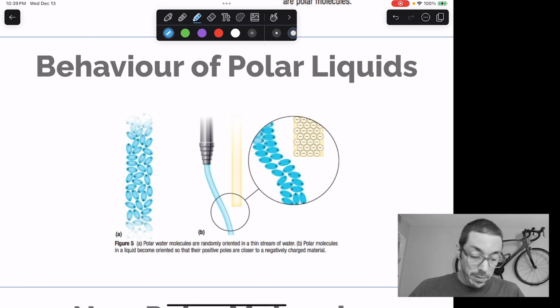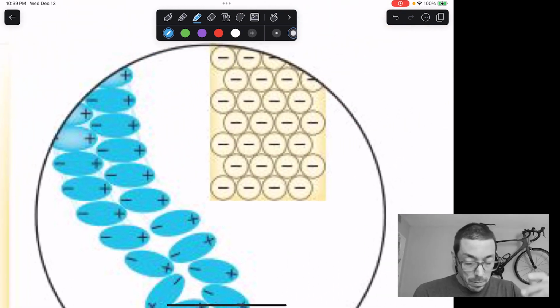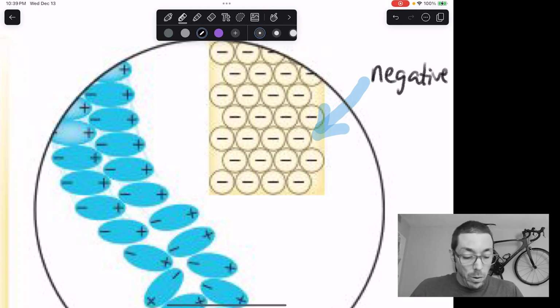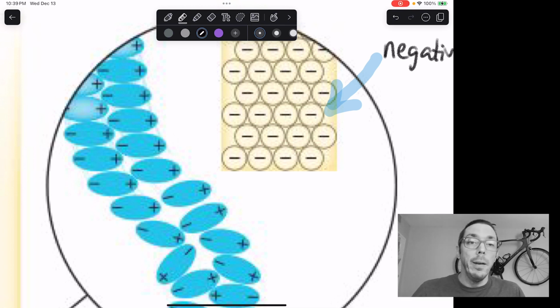And that's because each water molecule has a slightly positive and slightly negative side to it. So if you charged up a strip of plastic and added a whole lot of extra electrons on it, this would be a very negative object, and so it's going to attract the positive side of the water molecule.